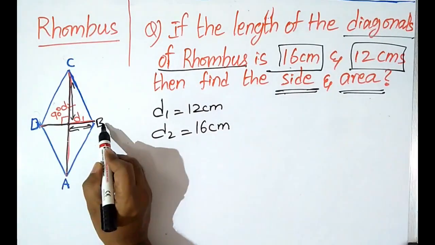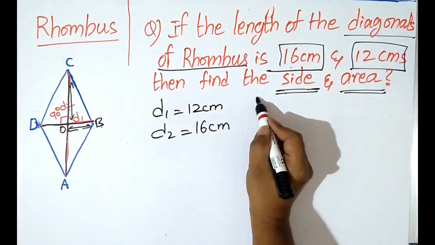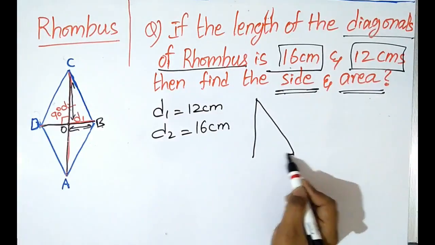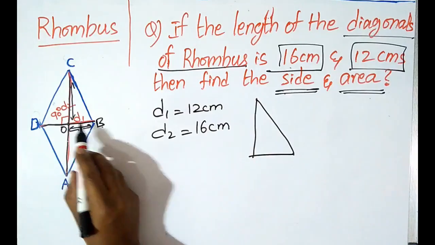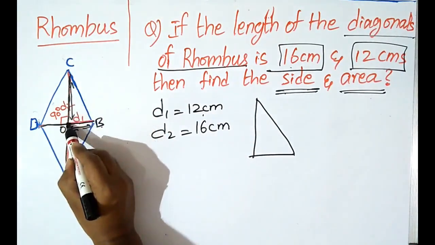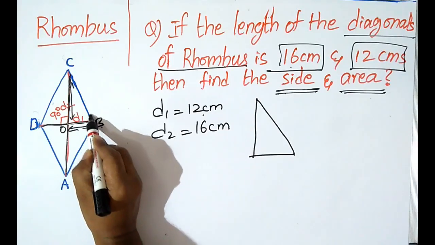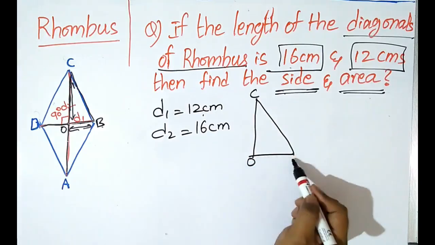If we take BOC as a triangle, here D1, that is half of 12 centimeters. We are taking COB as triangle.